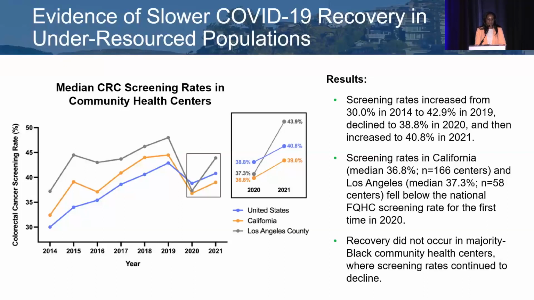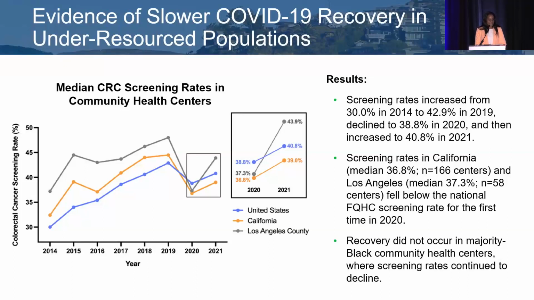And we really saw that although screening rates were increasing from 2014 to 2019, we had a drop in screening participation in 2020, right around the time of the pandemic. And there was some improvement after that in 2021. There was some recovery.